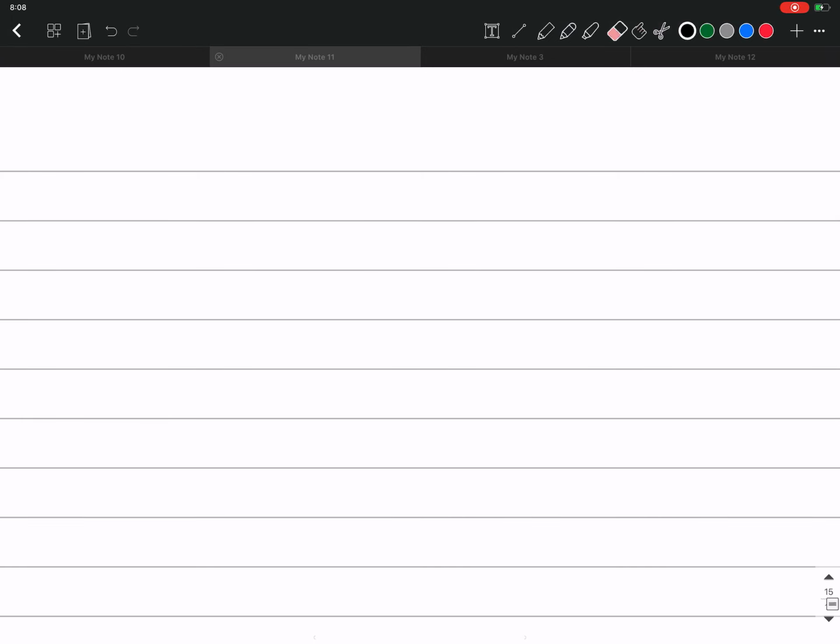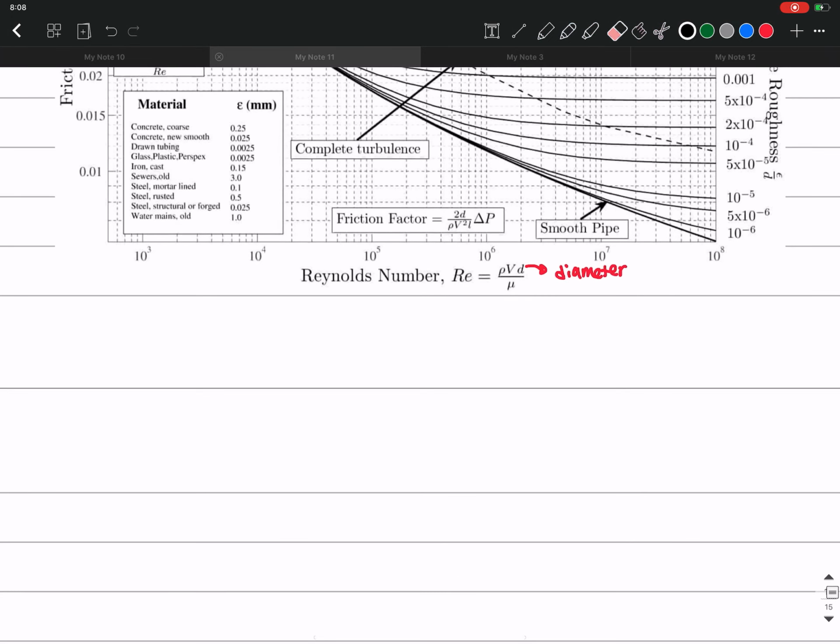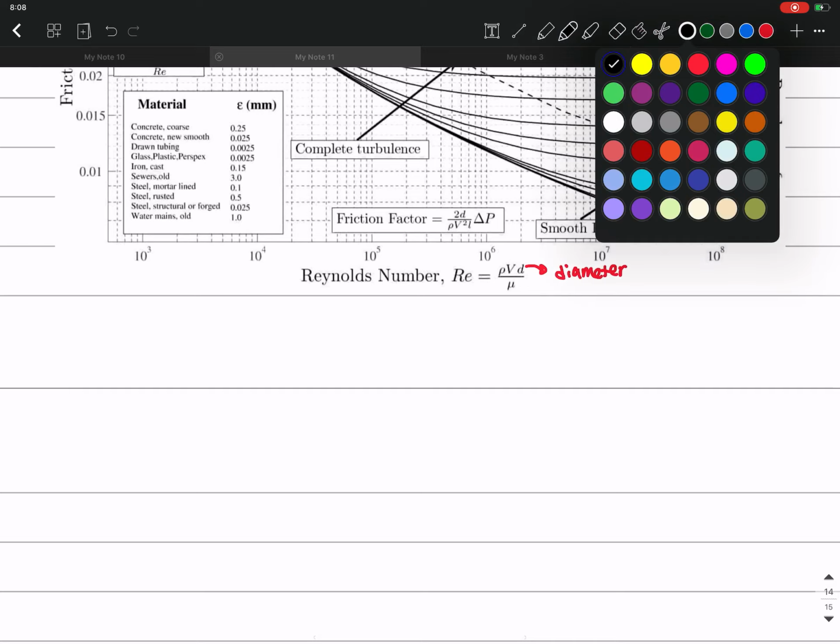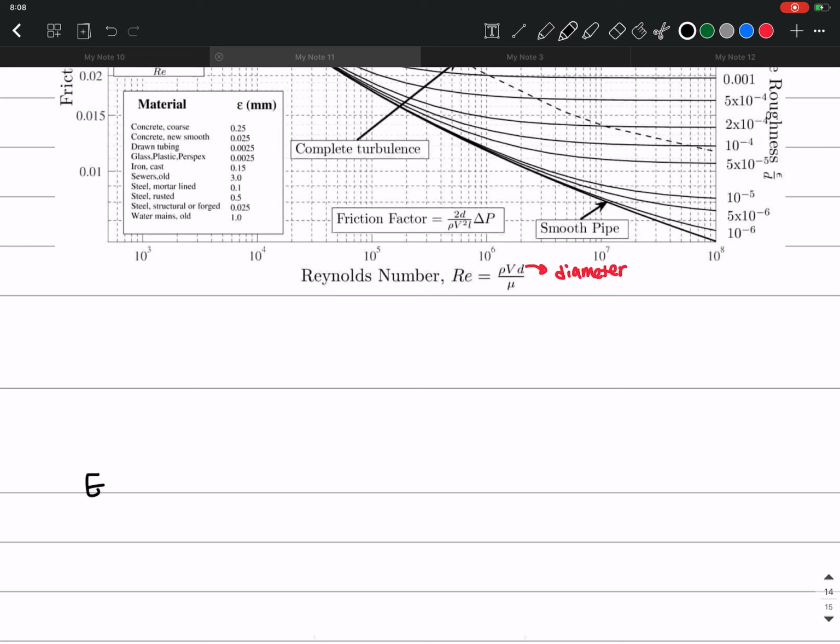So either we give you this chart, or another way is an estimation of the Moody chart equation.